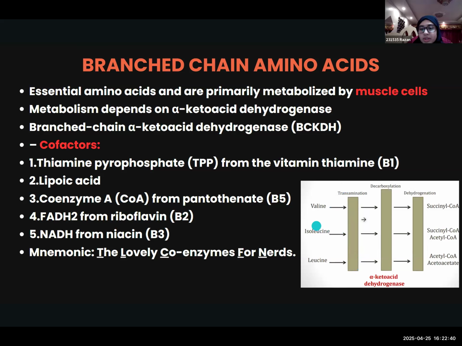So here is the degradation pathway: valine, transamination, remove the amino group, and then decarboxylation, and then dehydrogenation, and then you can get succinyl-CoA. And same thing for isoleucine and leucine.